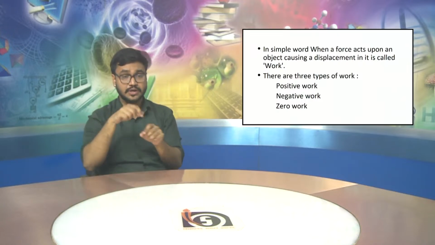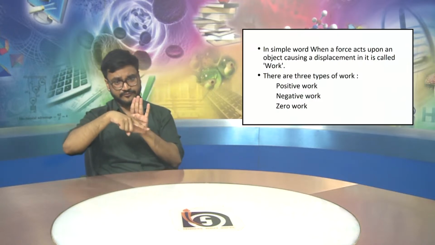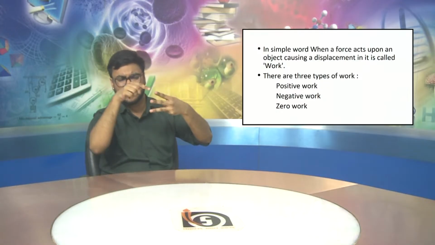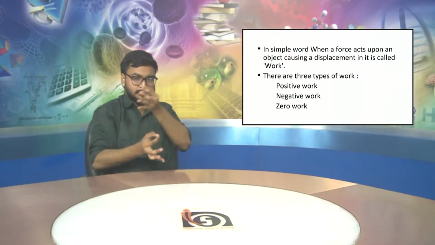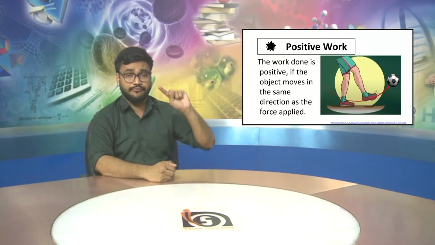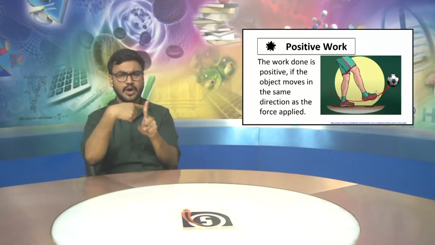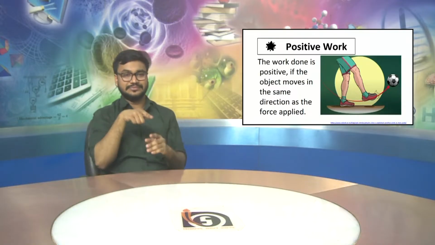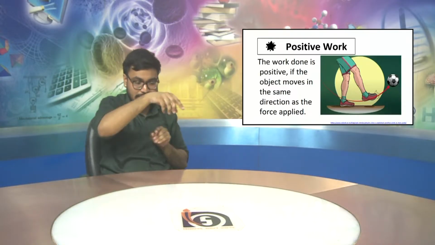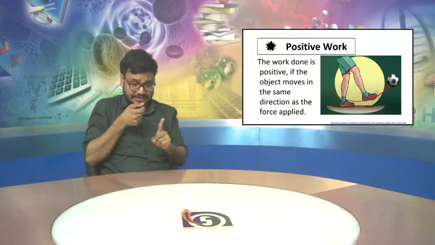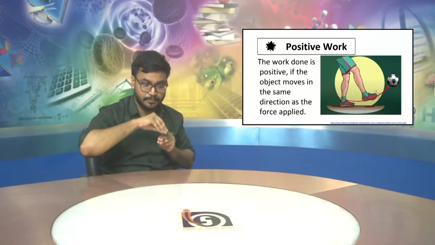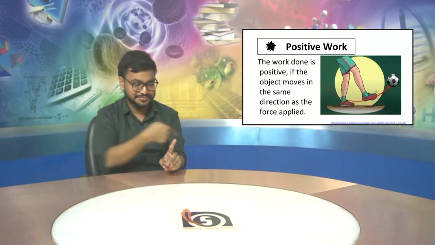There are three types of work: positive, negative, and zero work. Let's explain it briefly. First is positive work. The work done is positive if the object moves in the same direction as the force applied.